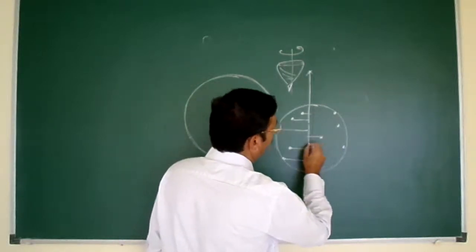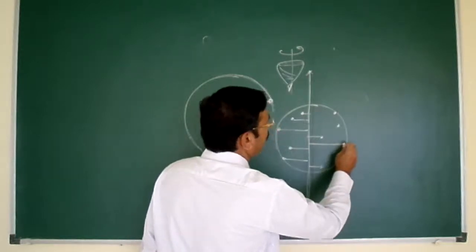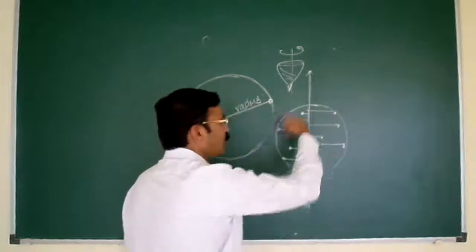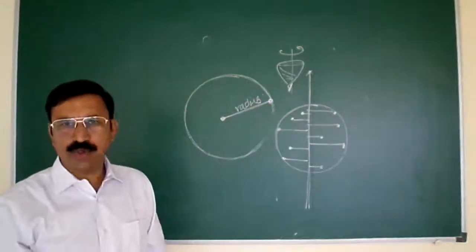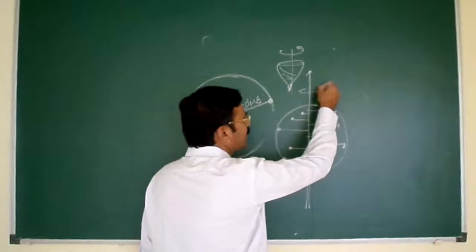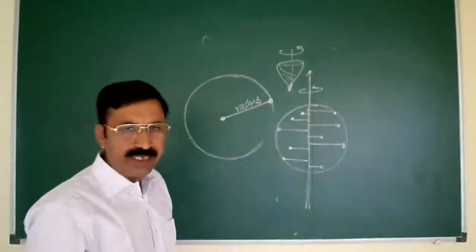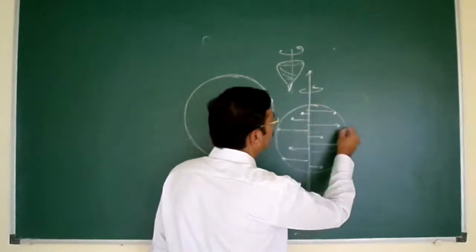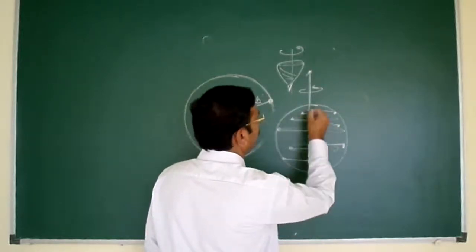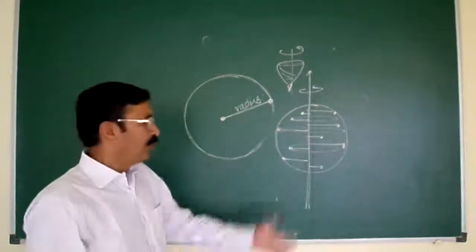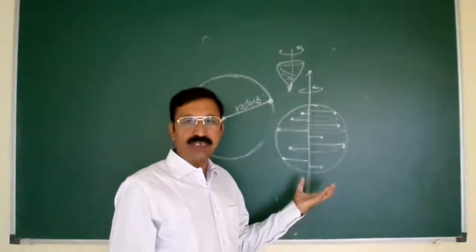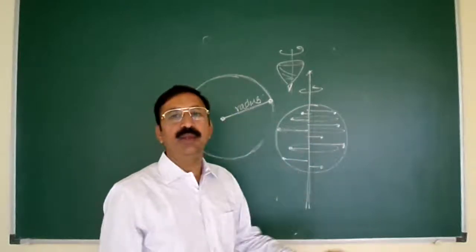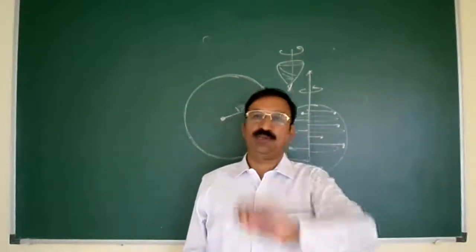Consider the perpendicular distance from the axis of rotation up to these particles which constitute the entire body. As the body rotates, individual particles perform circular motion.